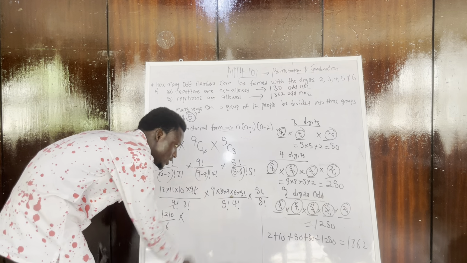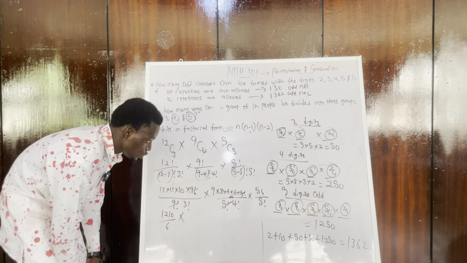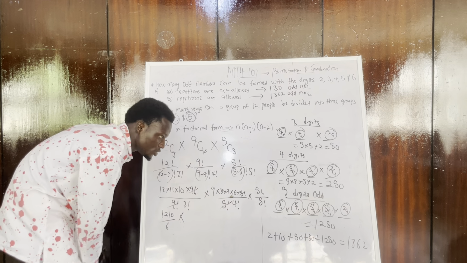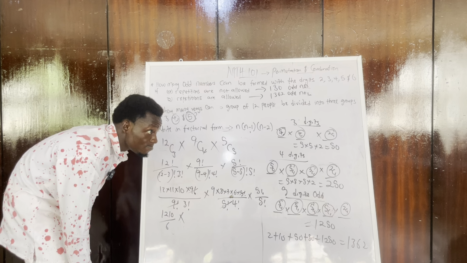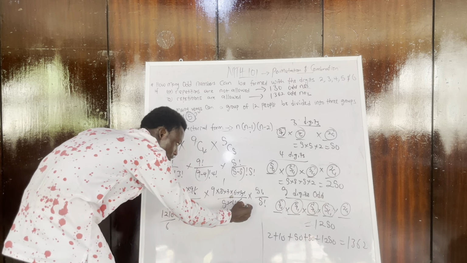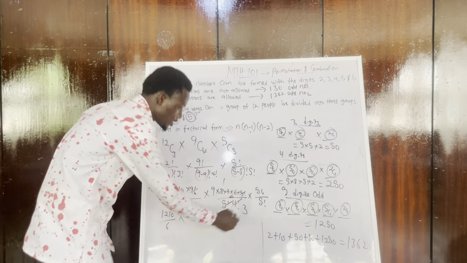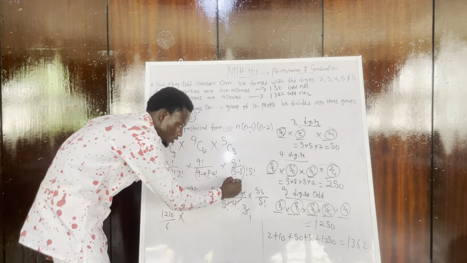Multiply by 9 times, this cancels. 4 factorial is 24, 4 times 3 times 2. Yes, that's 24. So 8 here is 1, 8 in 24 we have 3. So here we have 9 times 7 times 6. 3 here is 1, 3 in 6 we have 2.